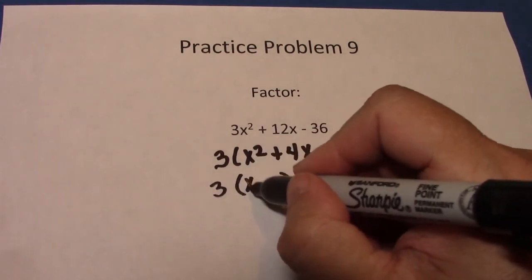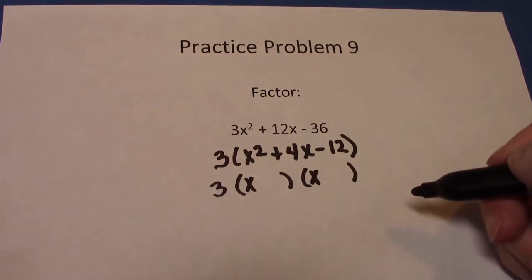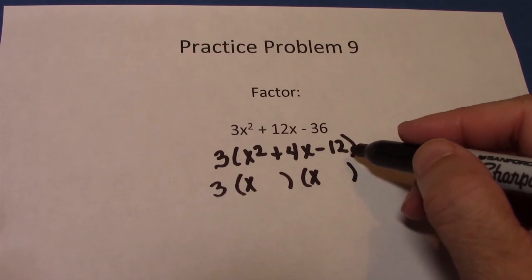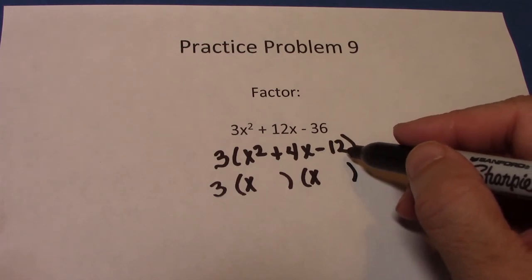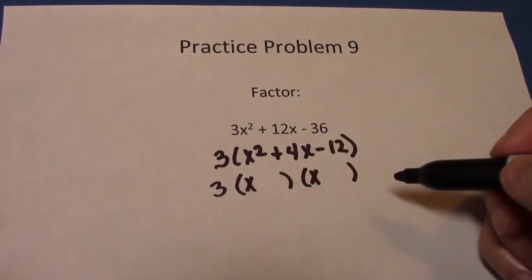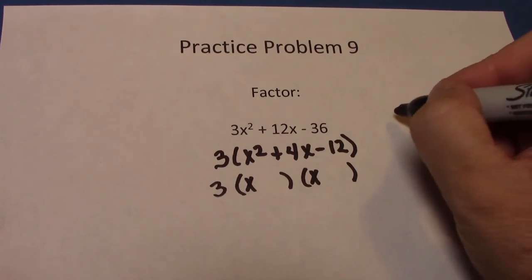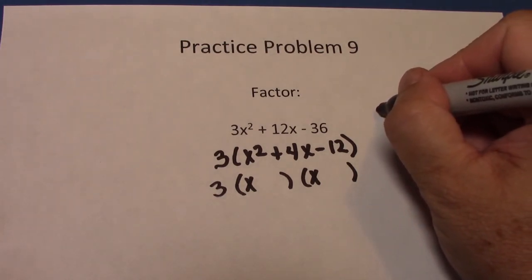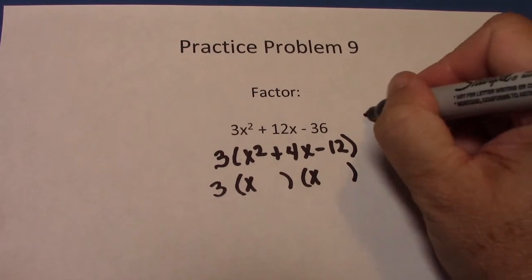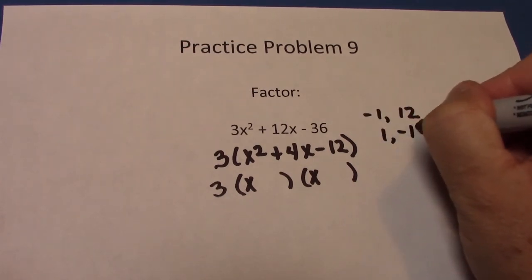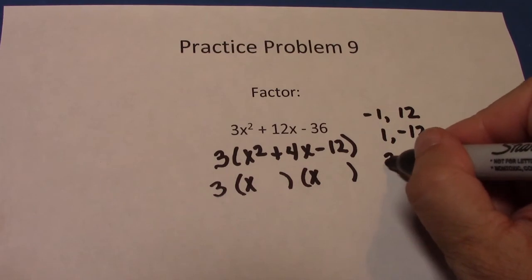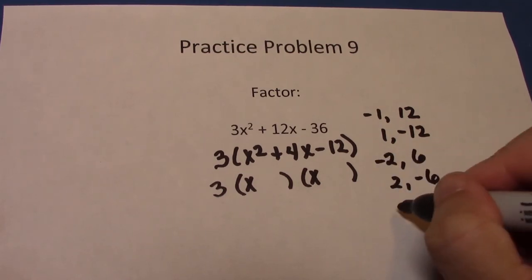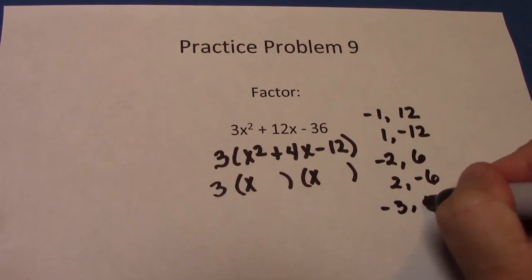X has now got a coefficient of 1, and we can start off with our usual way. So now we need to know what multiplies together to get negative 12 and adds together to give positive 4. Okay, factors of 12. 1 and 12, 1 with negative, 1 positive, 2 and 6, and 3 and 4.